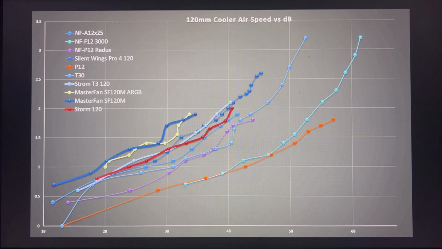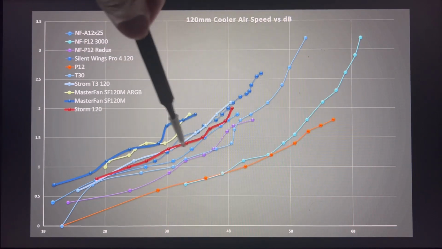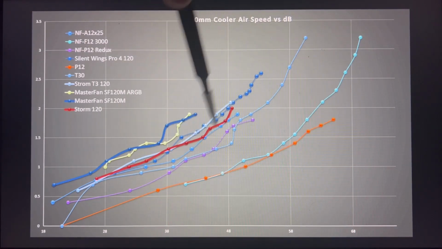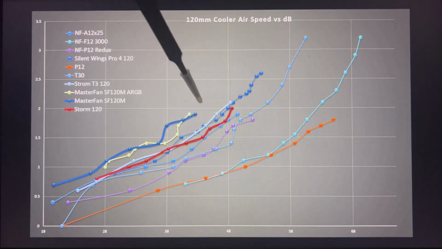They follow similar trends, but as RPM or noise, I should say, improves, airspeed gives better noise results for the T3's better thickness. And then we have our poor performing fans, like the Arctic P12.